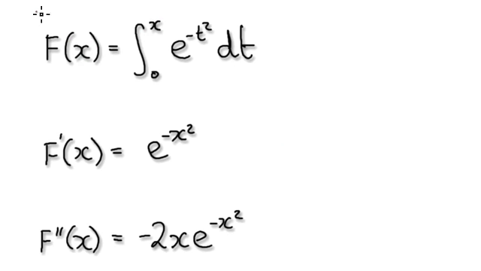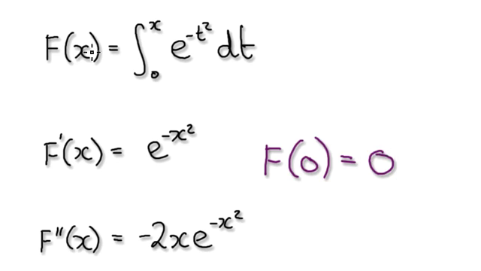So from this alone, you can tell that f of 0 equals 0. What that means is that for the graph we're trying to figure out, f of 0 will be 0. So we know that the graph will cross over at the origin.